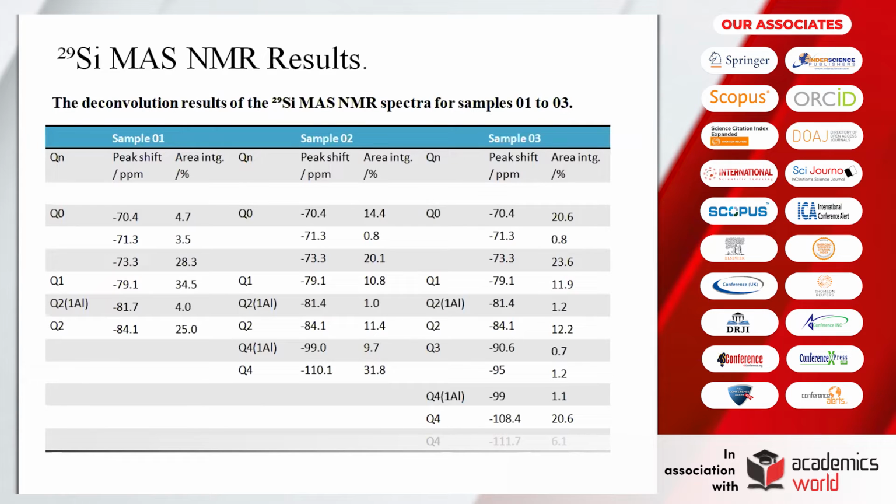In this slide, I show the results of the deconvolution of silicium mass NMR for samples 01 to 03. We have the nomenclature Qn for silicium and silicium-aluminum sites, the peak shift, and the integral of each peak.